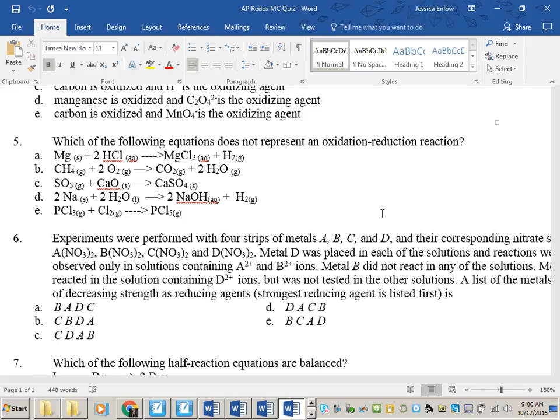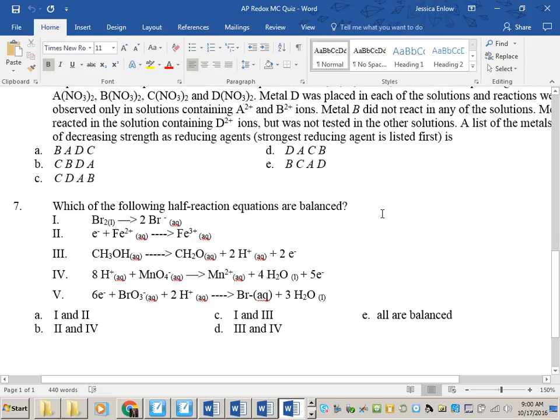Calcium doesn't change in oxidation state, so if it doesn't change oxidation state, it's not a redox reaction. Generally, all of our double replacements are non-redox because double replacement just changes ions. Do they change their charge? In a double replacement? No, so that means it doesn't change oxidation state, therefore it doesn't have an oxidation reduction component.